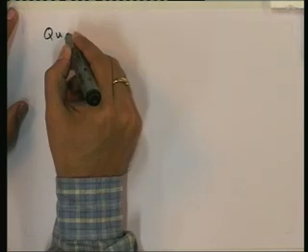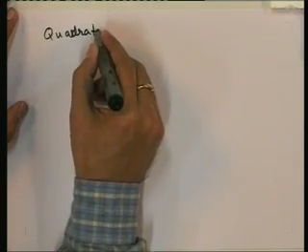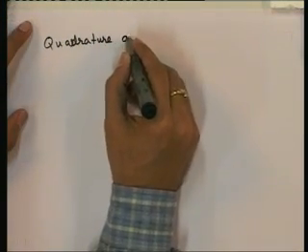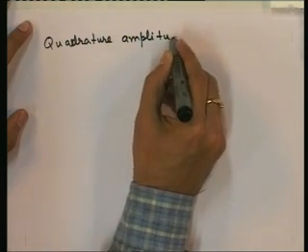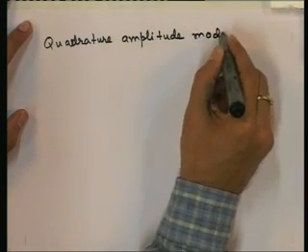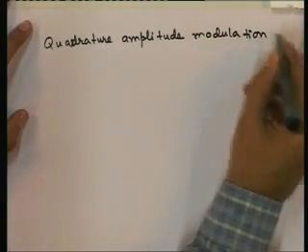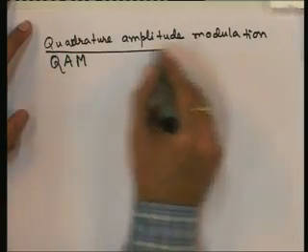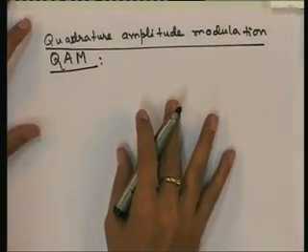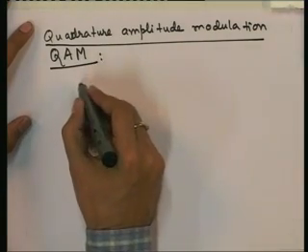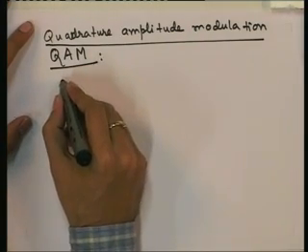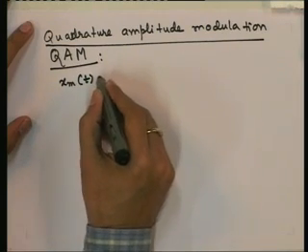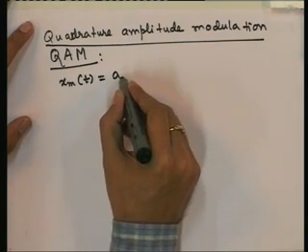So, quadrature amplitude modulation, or QAM in short, can be considered as a joint amplitude modulation of 2 carrier signals, and this expression says the same thing.